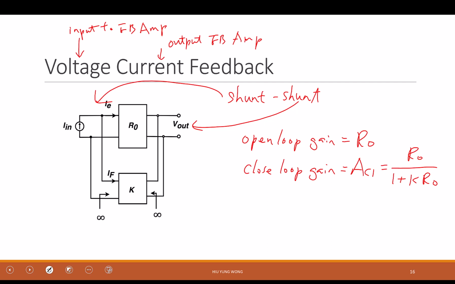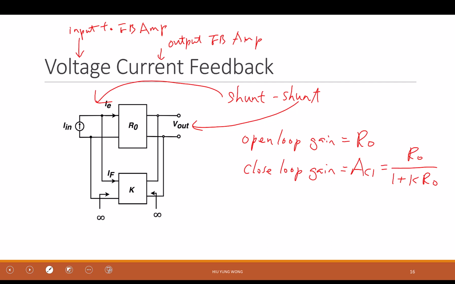But again, it really doesn't matter how we call it. When we derived this equation, A0 divided by 1 plus K A0, we did not say whether the input is current or voltage. We went through all the derivation without making any assumption. So it's applicable to any of these configurations. Except that you need to be careful. Symbol-wise, I call it RO. You can call it A0, nothing wrong. But you know that the unit is ohm, so the gain is no longer unitless.